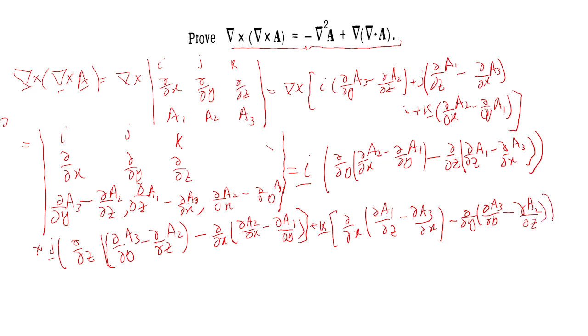And that's all for the k. Now we see that there are 2 and 2, 4 and 4 and 4, 12 terms.